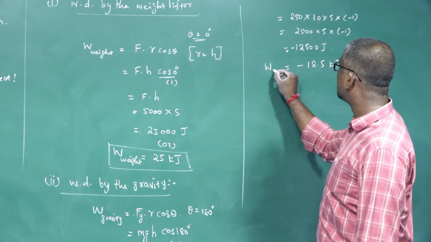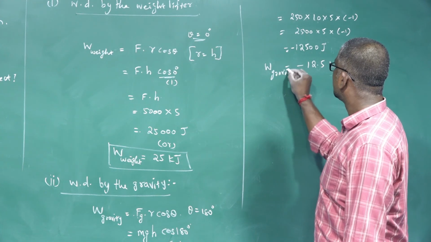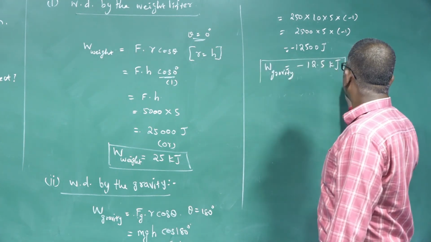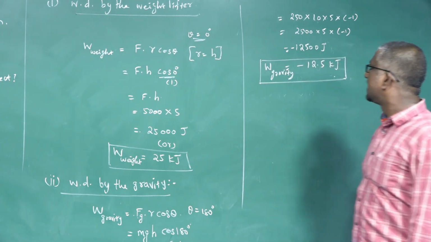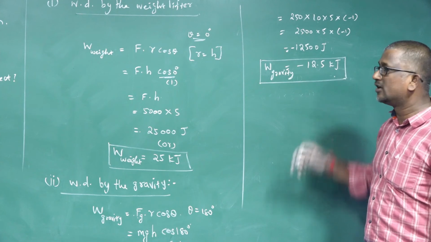So this is work done by the gravity. Work done by the gravity is negative, that value is 12.5 kilojoule.